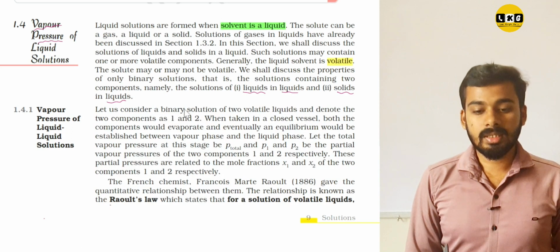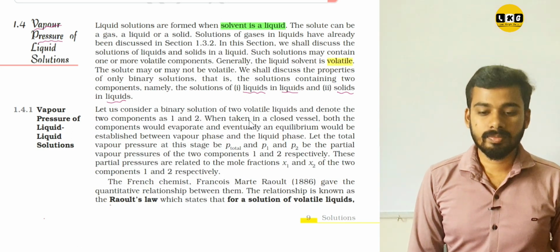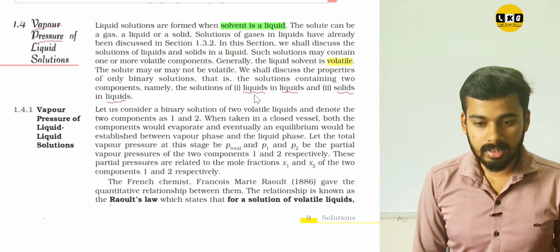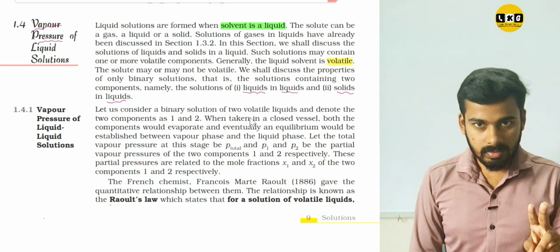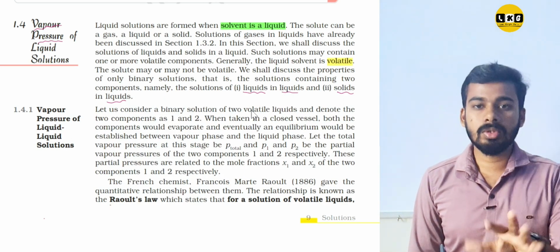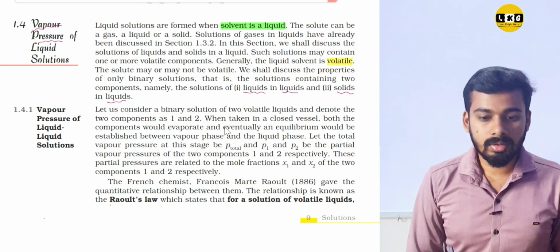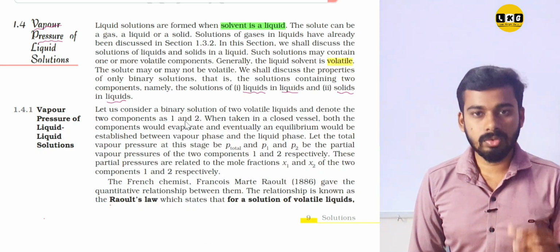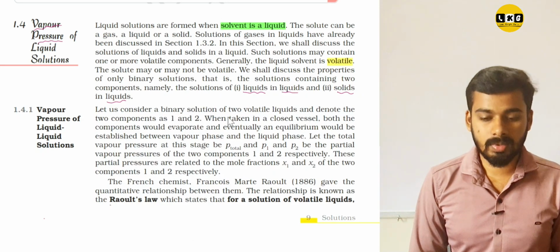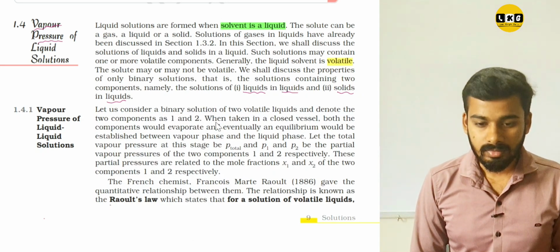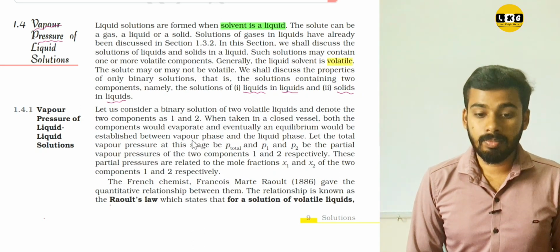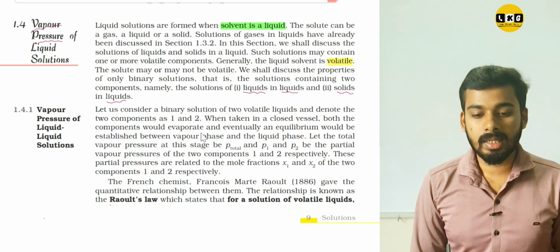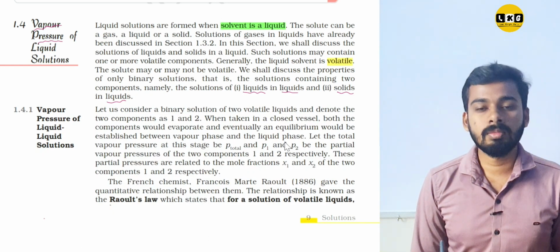Let us consider a binary solution of two volatile liquids. Two liquids in a liquid solution make a binary solution, and both are volatile in nature. Denote the two components as 1 and 2. When taken in a closed vessel, both the components would evaporate and eventually equilibrium would be established.